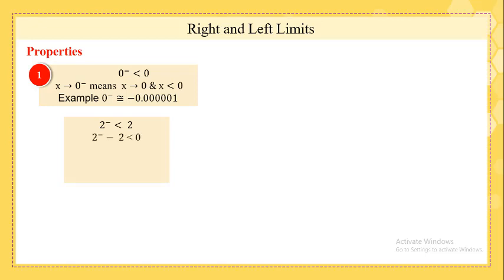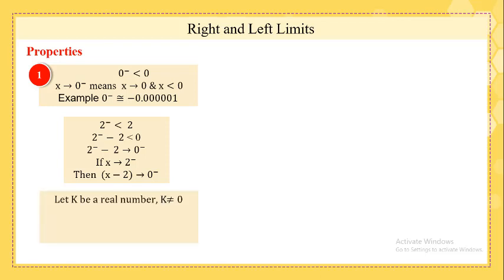Another example, 2 minus is less than 2. So 2 minus minus 2 will be negative. If x tends to 2 minus, then x minus 2 tends to 0 minus, because 2 minus minus 2 tends to 0 minus.